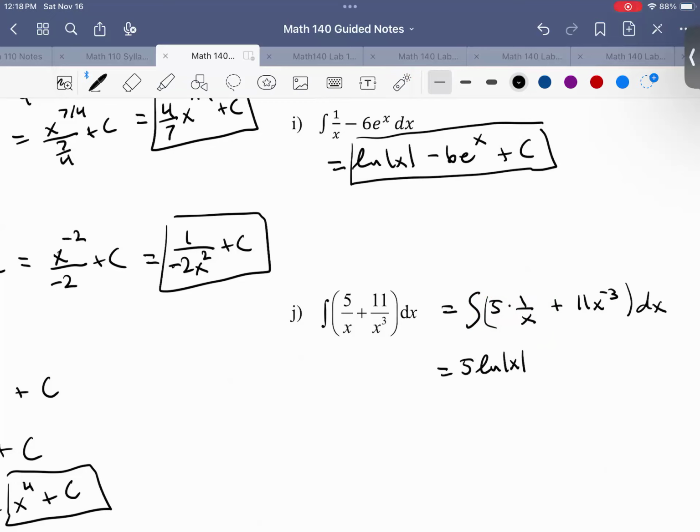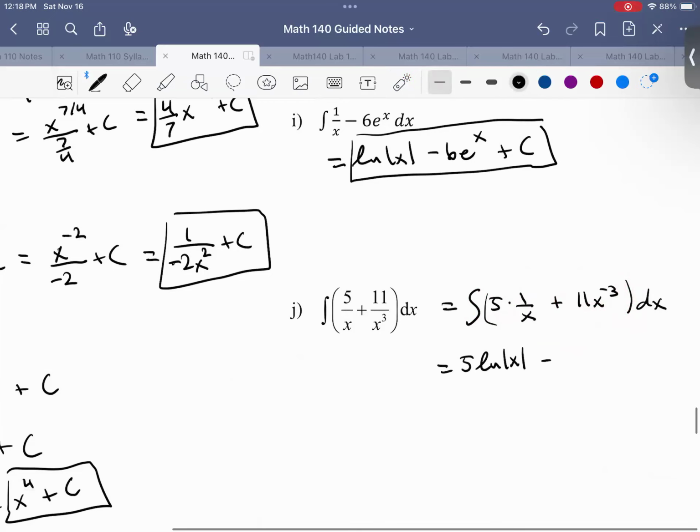And now we need to integrate 11x to the negative 3. Same thing, we're going to add 1 and divide by negative 3 plus 1. So we get 11 times x to the negative 3 plus 1 over negative 3 plus 1 plus c.